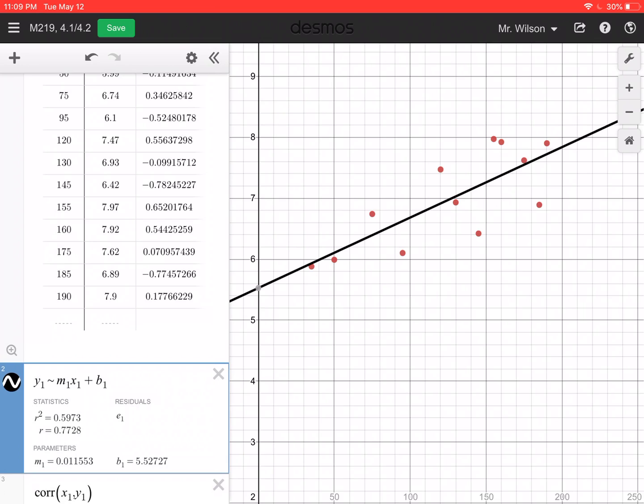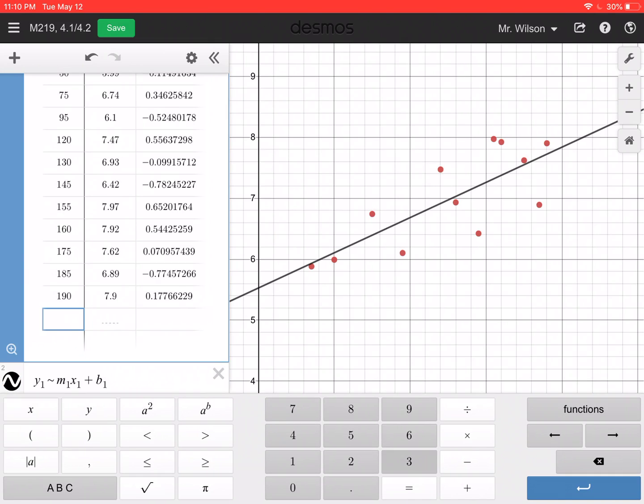So currently, the slope, the M1 value, is 0.011553, so about 0.011, or 0.012. The y-intercept is about 5.5, and the correlation coefficient is about 0.77. Okay, so what happens when we add in this new data point?